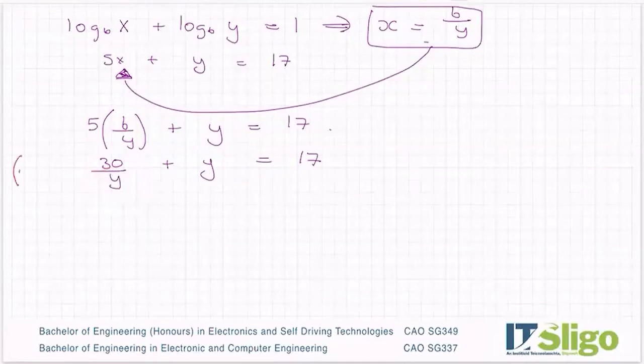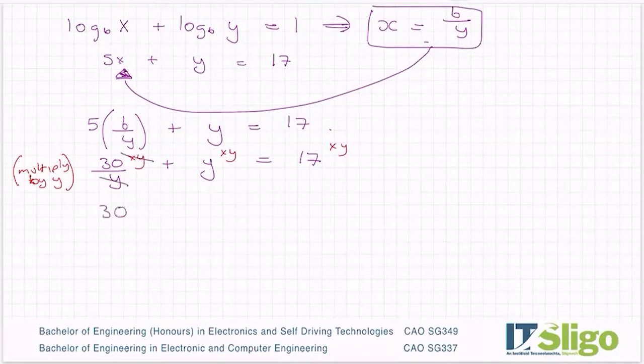So how about we multiply across by y? Multiply this bit by y, this bit by y, and this bit by y. The y and the y there will cancel and you'll just be left with 30. You'll have y by y to be y squared equals 17y.